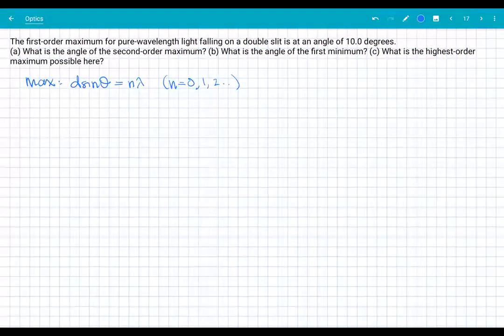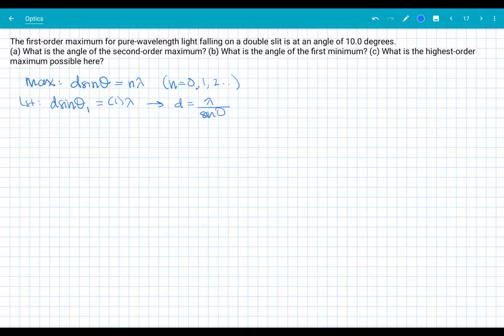So the first order max is going to be d sine theta 1 equals lambda, where n is equal to 1, so that's 1 times lambda. And for that one, I get d equals lambda over sine theta 1. Now, theta 1 is given to us as 10 degrees, so remember that's something that's known.